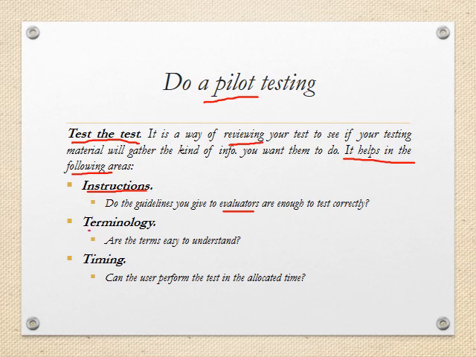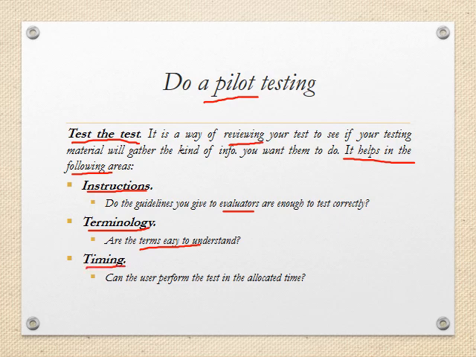Second thing, terminology. Are the terms easy to understand? Are the terms in the instructions, in the test material, all understandable? Is the user familiar with them? Does that mean they will be able to understand my instructions?